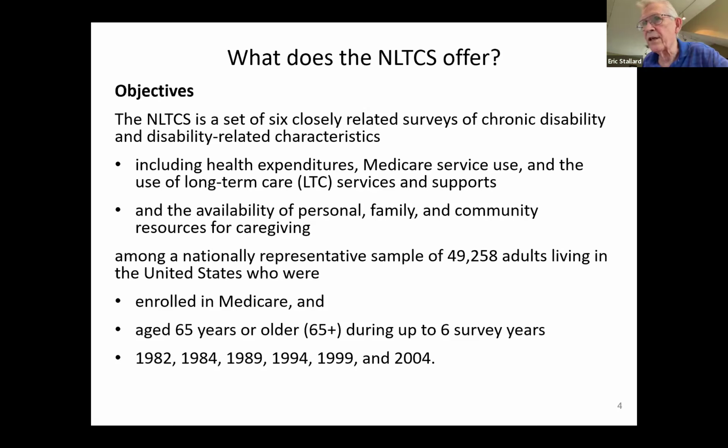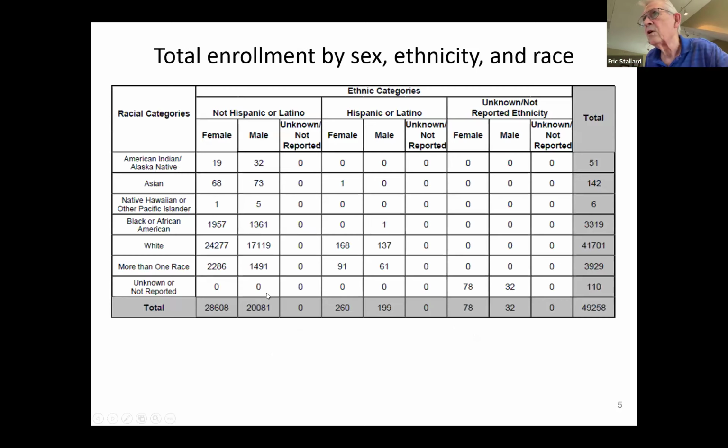And the key thing, again, is that this is a nationally representative sample of 49,000 adults enrolled in Medicare, age 65 or older during the 6 years. The sample size, I'm going to put up my laser pointer. You can see here there's 49,258.